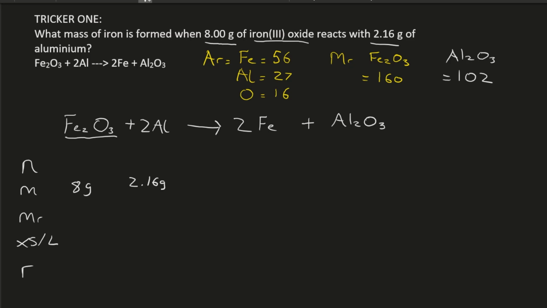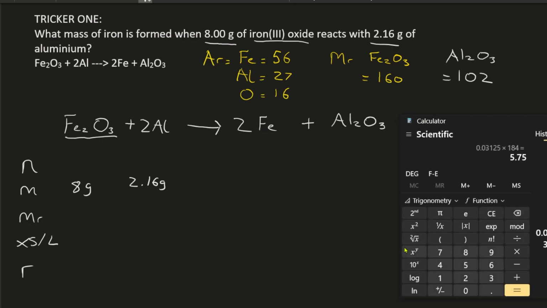Now we've got to find the moles of both of these first of all, so let's do that. So 8 grams divided by Fe2O3, and I've worked it out over here already for you guys, and the MR of that is 160. So 8 divided by 160, now if you do that in the calculator, what do you get?